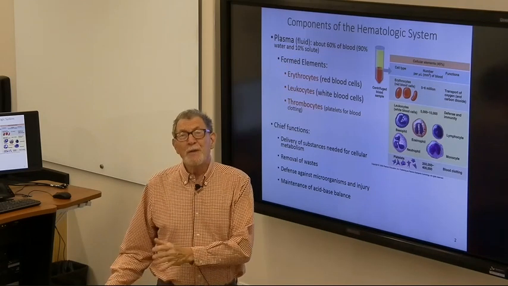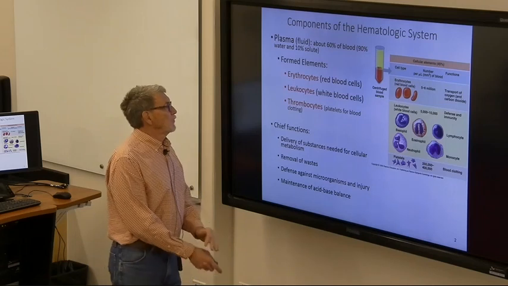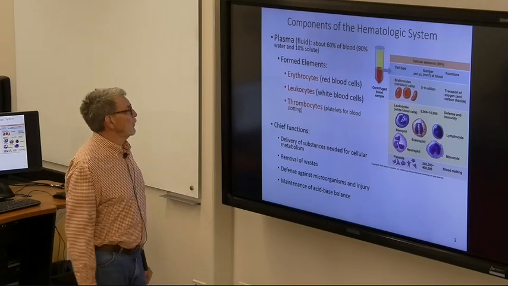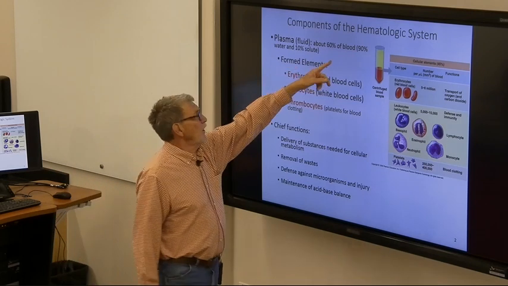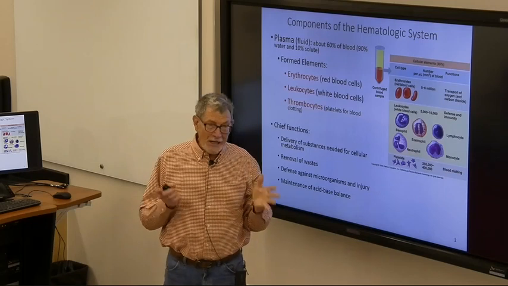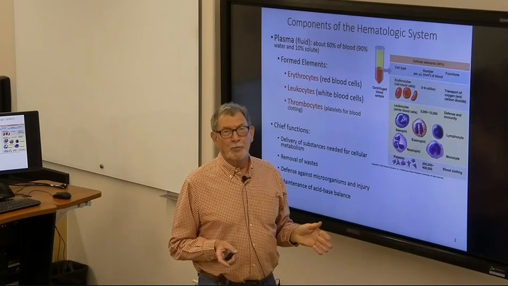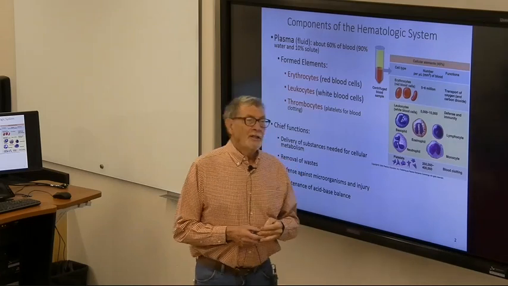Red blood cells make up about 40%, depending on what your concentration is of those red blood cells. And plasma itself is 90% water. About 10% is actually things dissolved in the plasma: electrolytes, plasma proteins, and the like.